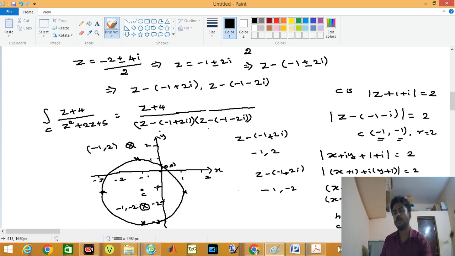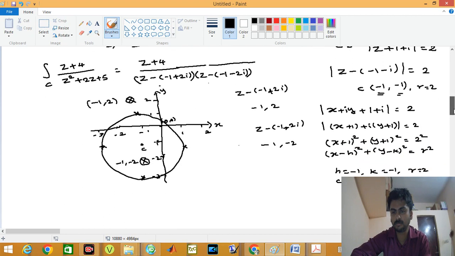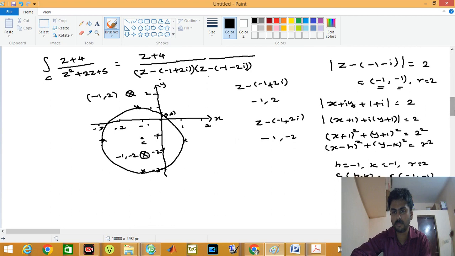So what shall we write from this? We shall write z equal to minus 1 minus 2i, that is z equal to a.